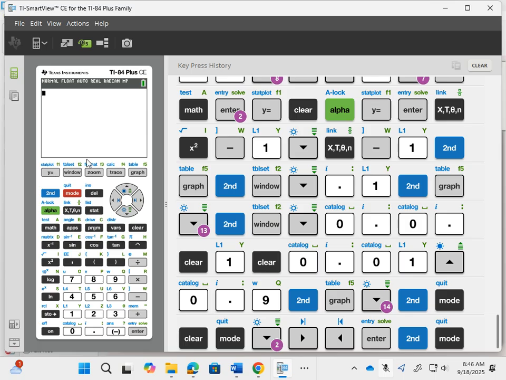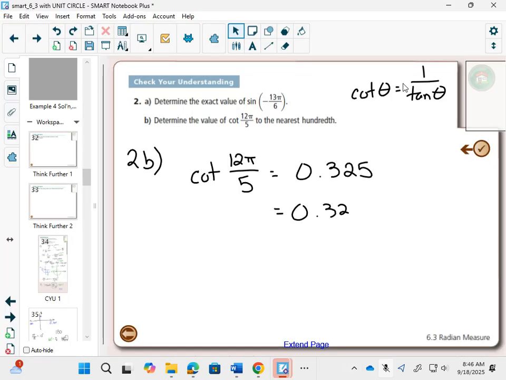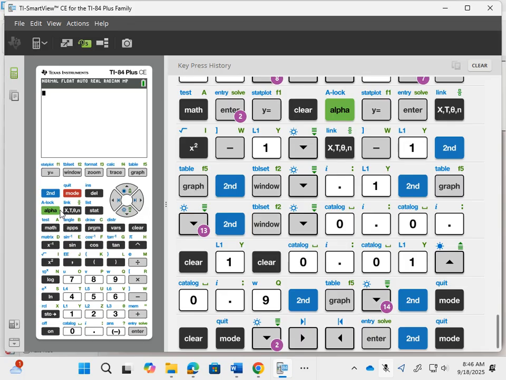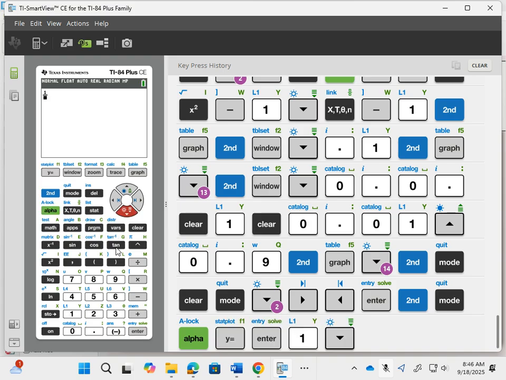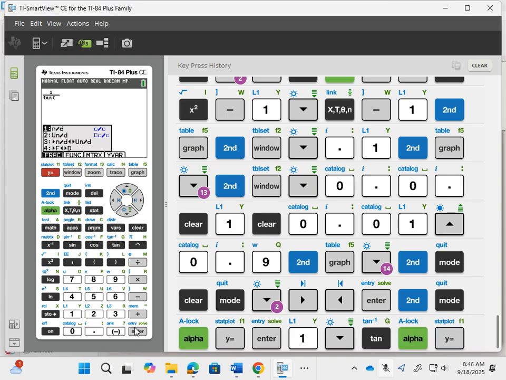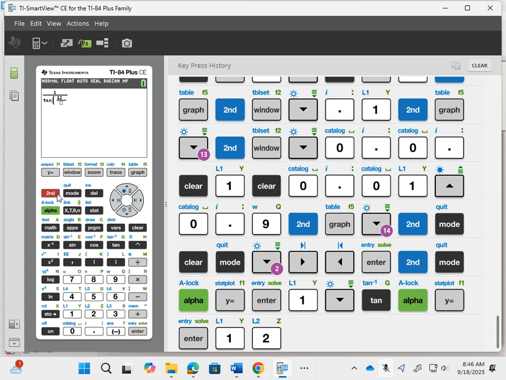Second mistake that could happen: cotangent of theta is 1 over tangent of theta. So the right way to do this is, I can get a fraction, and I can write 1 over tan, put the fraction button in again if I want, of 12 pi divided by 5.